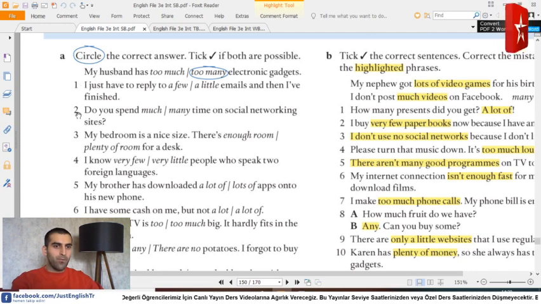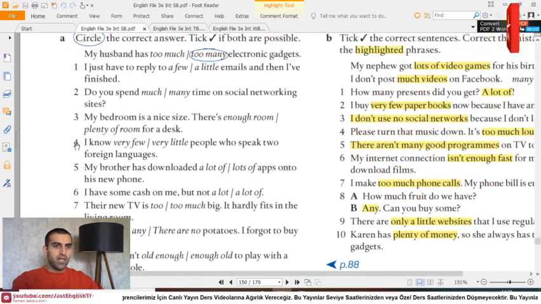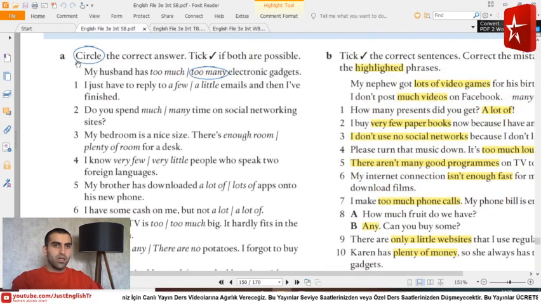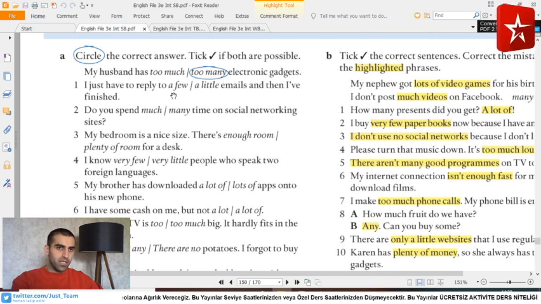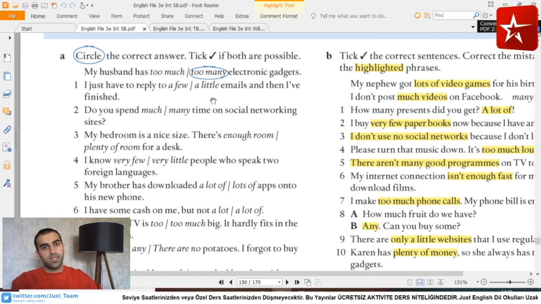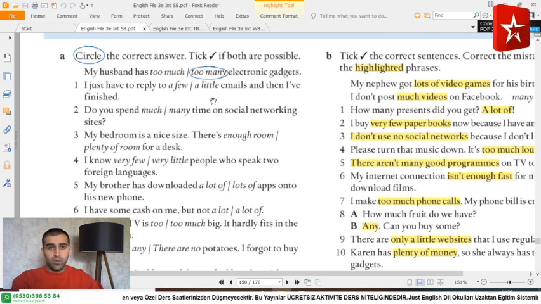From 1 to 10, we have to choose the correct answer. We have to circle the correct answer here, and we will tick if both are possible. It means both answers are possible. In some sentences we have 2 answers and both of them are correct.